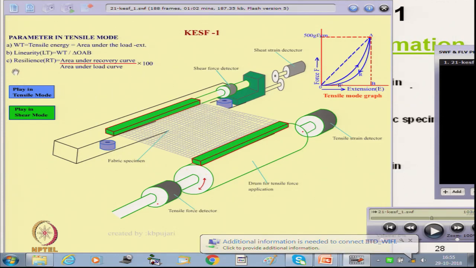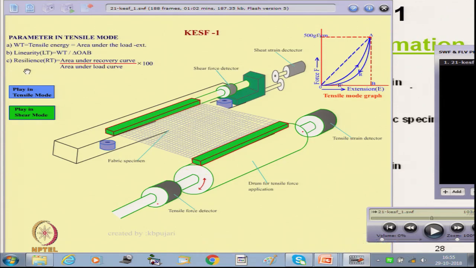Similarly, resilience RT, resilience during stretching, is nothing but the area under the recovery curve divided by the area under the loading curve, multiplied by 100.